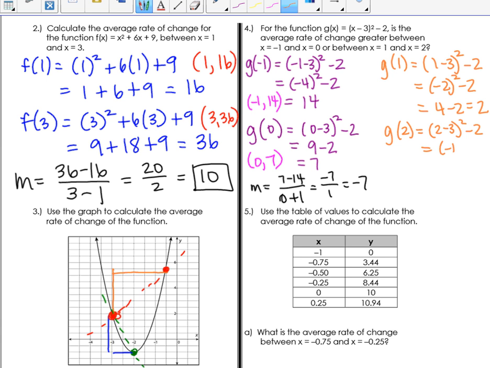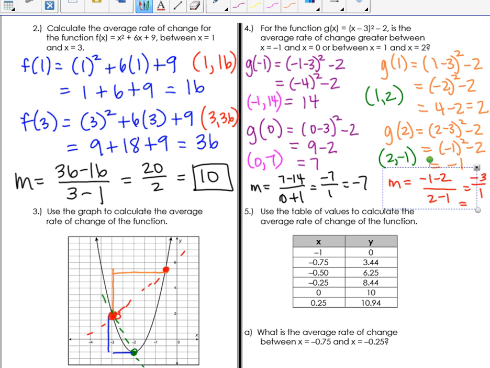So you get (-1) squared minus 2. So (-1) squared is 1, minus 2 is -1. So your points there are the points (1, 2) and (2, -1). So if you find your slope between those 2 points, you have -1 minus 2 all over 2 minus 1. So -3 over 1, which is -3.